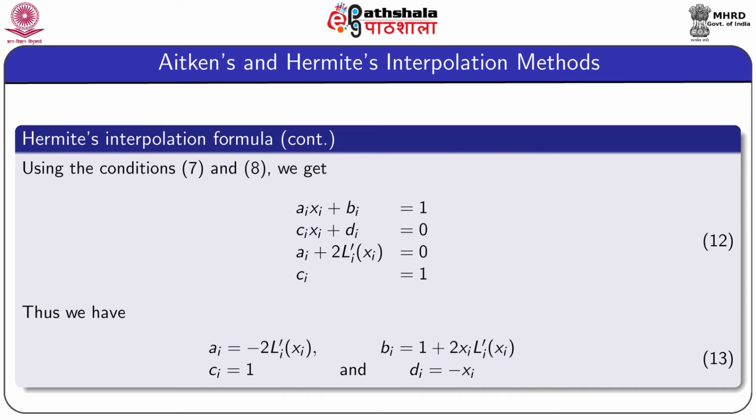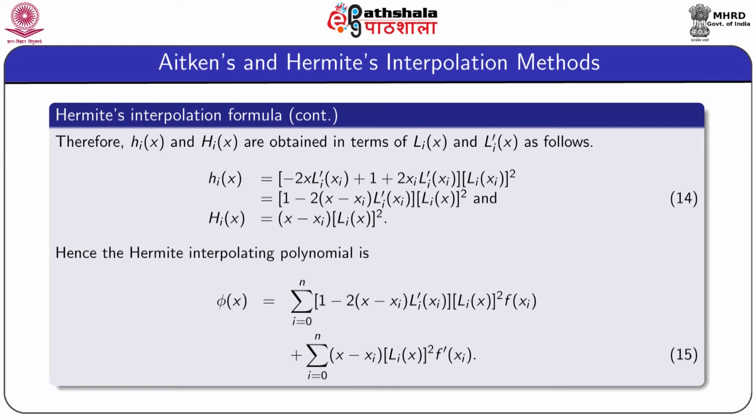Now, using these values a_i, b_i, c_i, d_i, we get the values of small h_i(x) and capital H_i(x) as follows: small h_i(x) equal to (minus 2x into first derivative of L_i at x_i plus 1 plus 2 x_i into first derivative of L_i at x_i) whole into L_i(x) square.